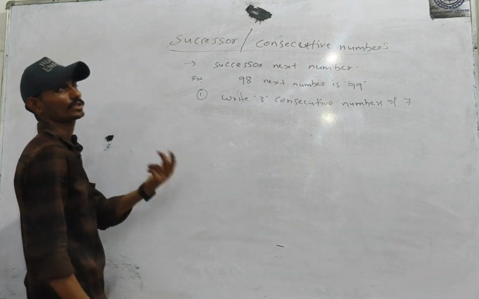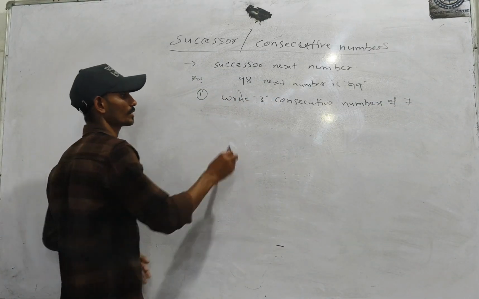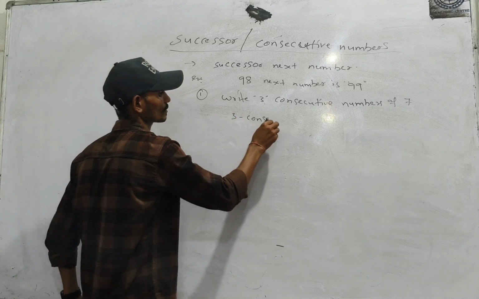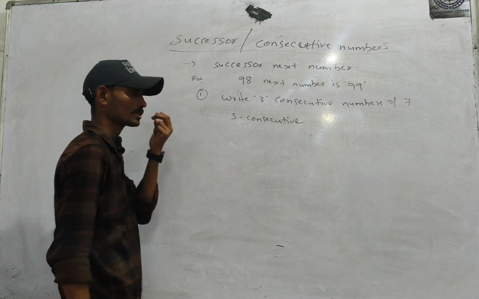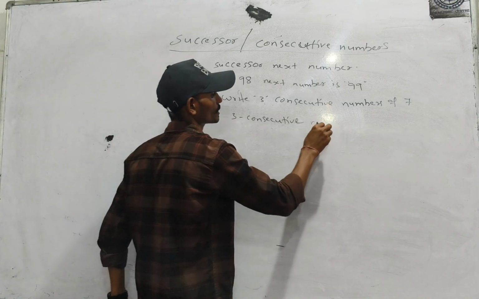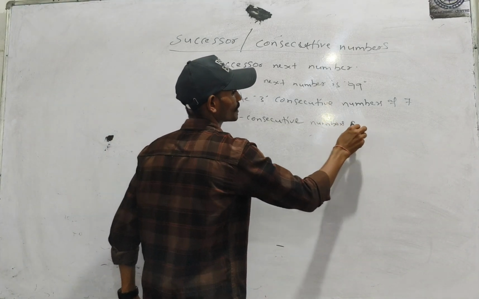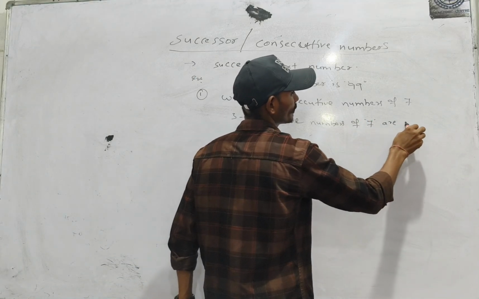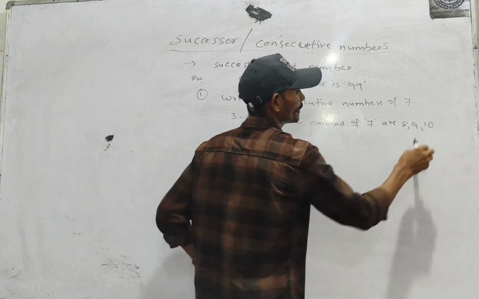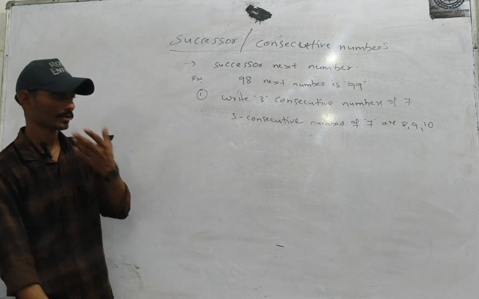The three consecutive or successive numbers of 7 are 8, 9 and 10. Okay, I hope all of you understand.